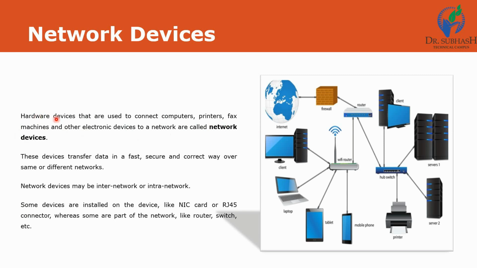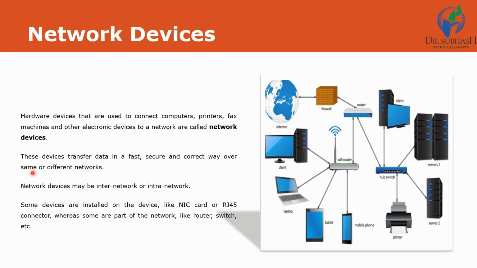Hardware devices used to connect peripherals and computer devices like computers, printers, plotters, Xerox machines, projectors. Those devices are connected using hardware devices. These devices transfer data in a fast, secure and correct way over the same or different networks.